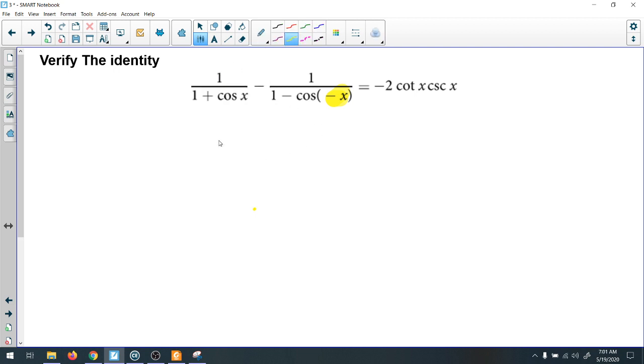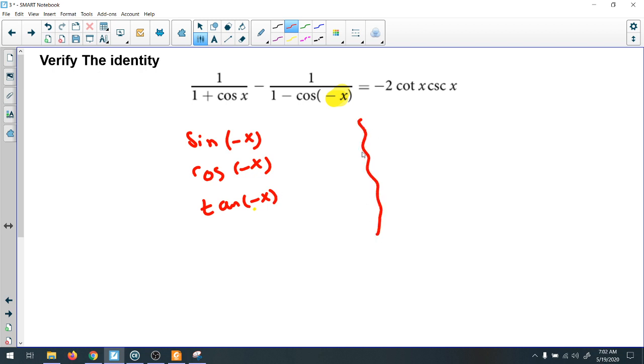We have to know sine of negative x, cosine of negative x, and tangent of negative x, and it would be applicable to the reciprocals. The reciprocal of sine is cosecant, the reciprocal of cosine is secant, and the reciprocal of tangent is cotangent.